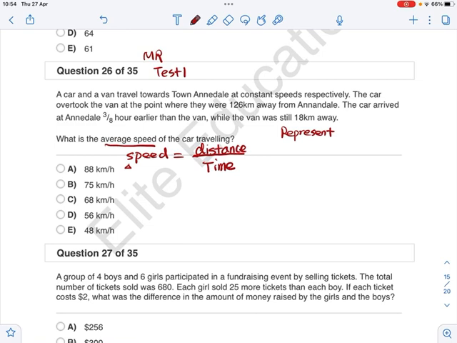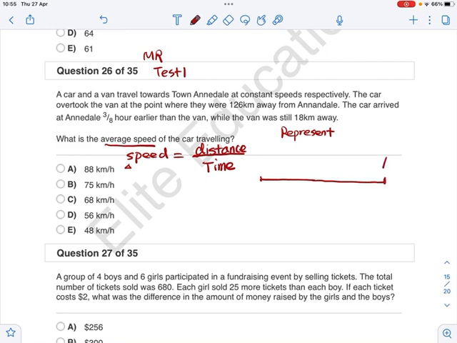So they test whether the student has the ability to represent the text information in a diagram, either as a line, a table, or other diagrams. For this one, it is definitely easier by drawing the line.